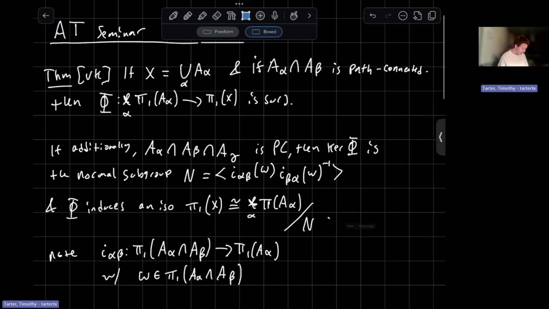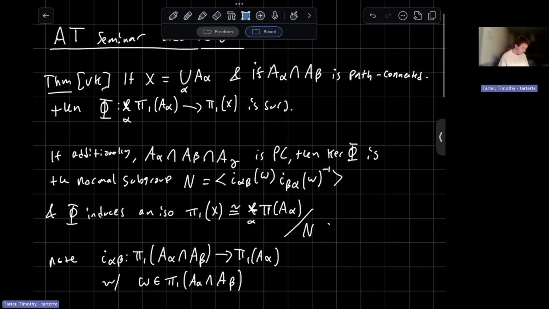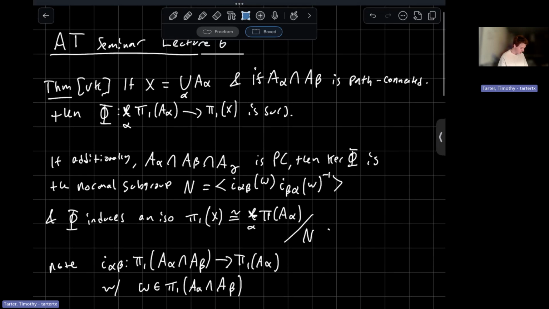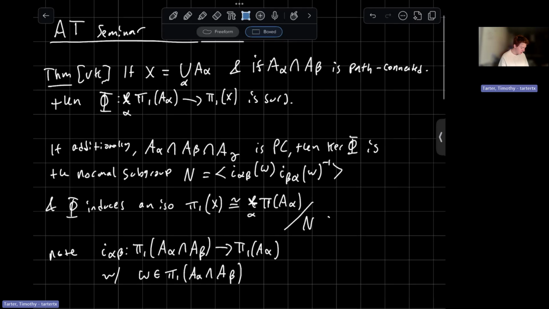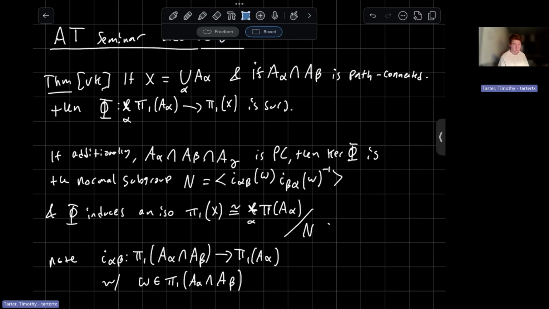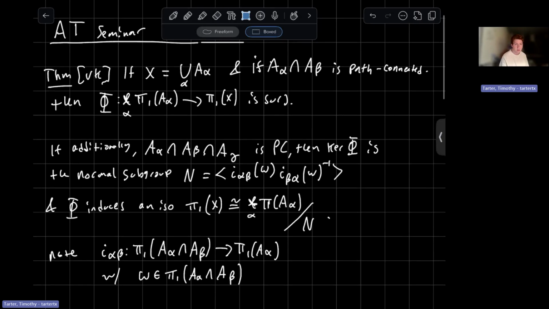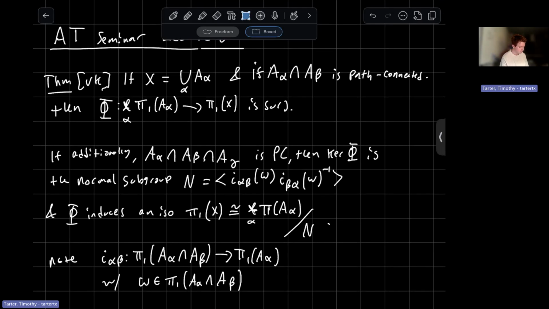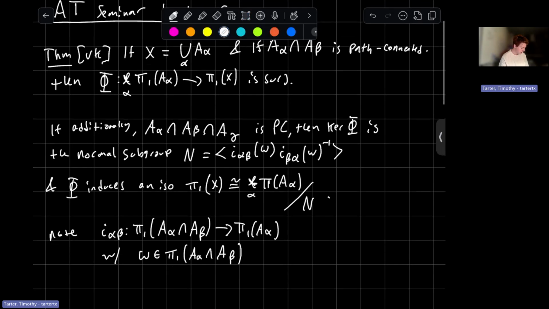So remember, Van Kampen's theorem said that if we had a bunch of path-connected spaces that union together to make a space, then basically we have a surjective homomorphism from the free group over the fundamental groups of each of these path-connected spaces onto the fundamental group of the space.